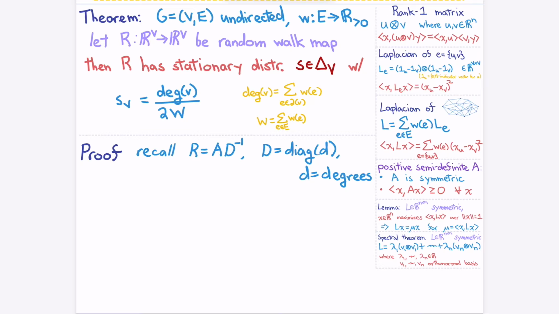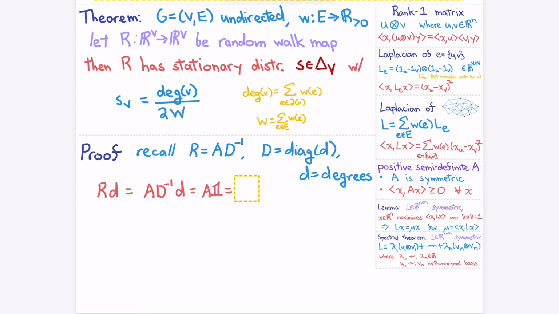Where D is the degrees. So we'll look at RD, and I'll expand that out to A D inverse times D. D is the diagonal matrix of the degrees.